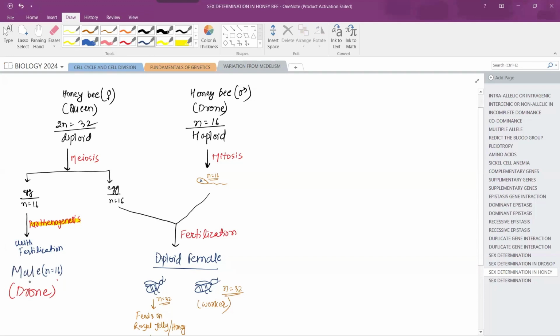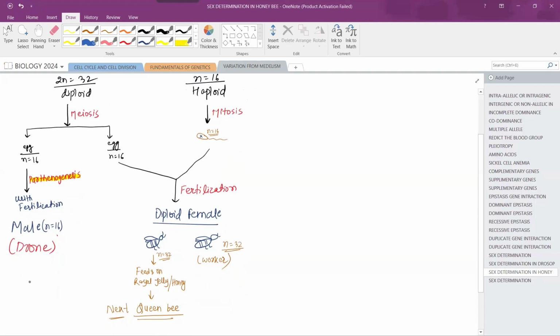So if the honeybee has n equals 16, then it's a male, and we call it a drone. And if it has 32, that is a diploid cell, and the chromosome number is complete, and this will always be a female honeybee. If a female honeybee feeds on royal jelly, then it will get converted into a queen bee.